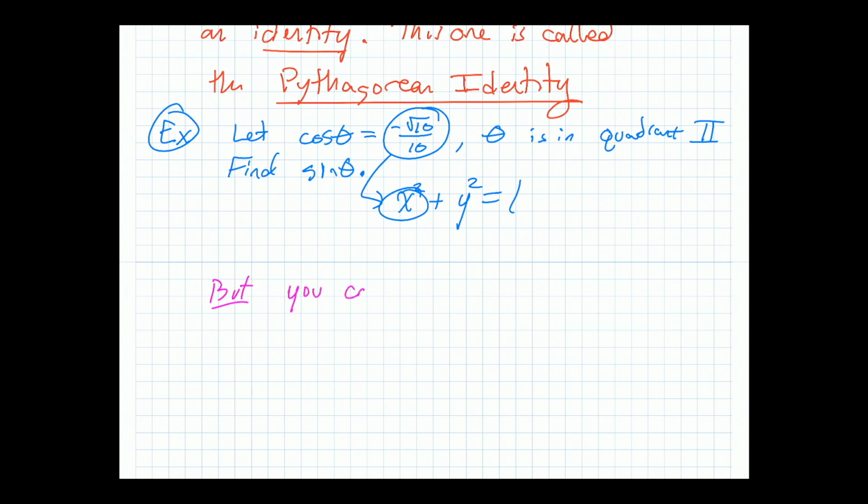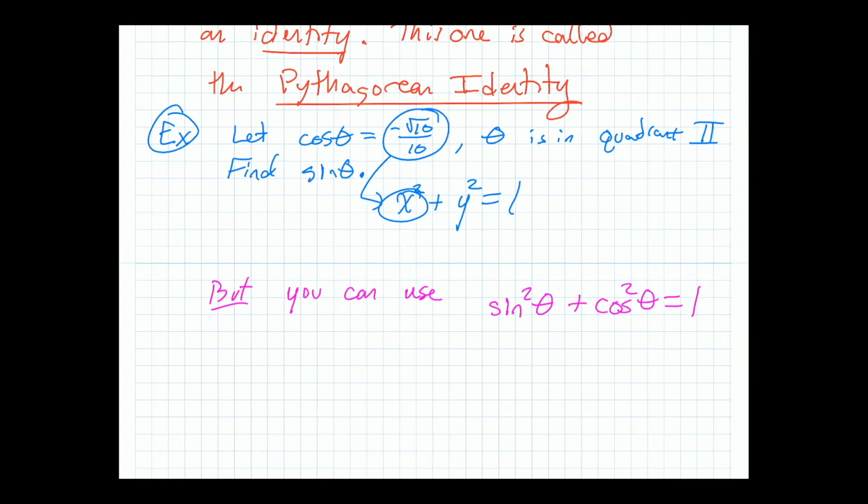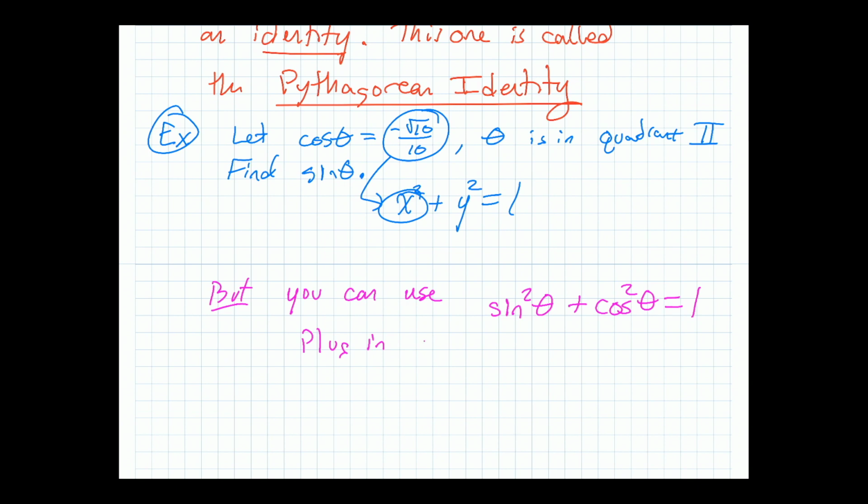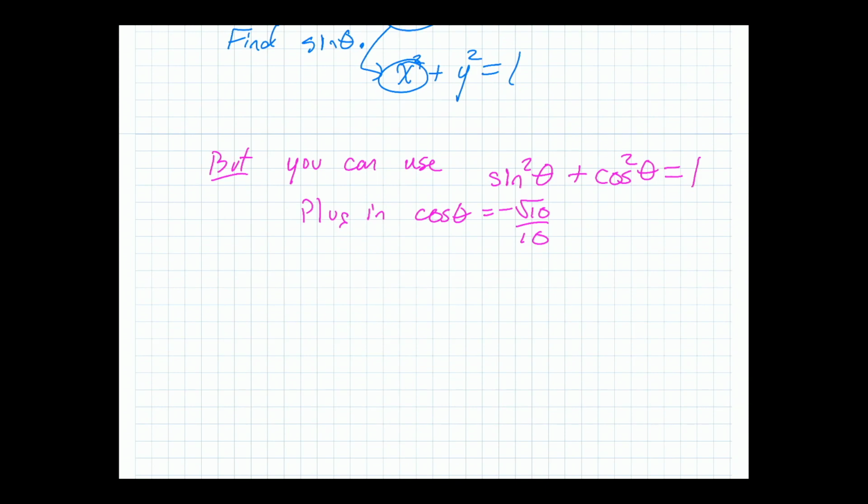I'll write it this way: sine squared theta plus cosine squared theta equals 1. And then you can fill in that cosine. Plug in cosine theta equals negative square root 10 over 10. So you end up with sine squared theta plus, now you have to be careful here.